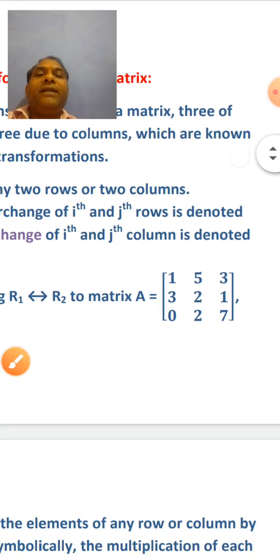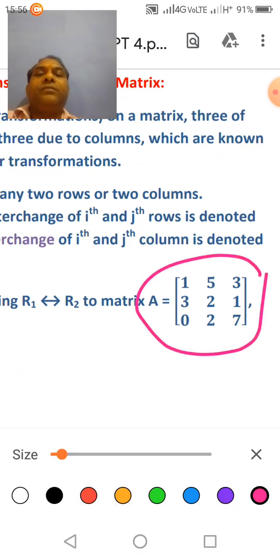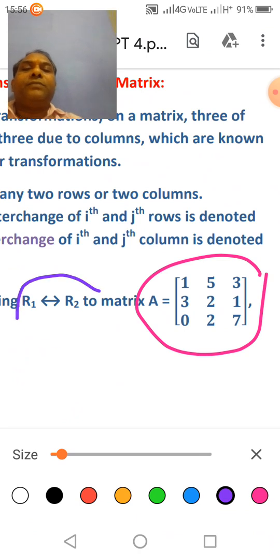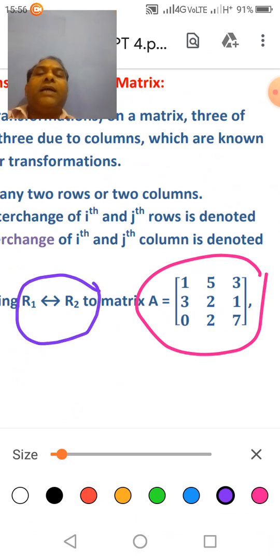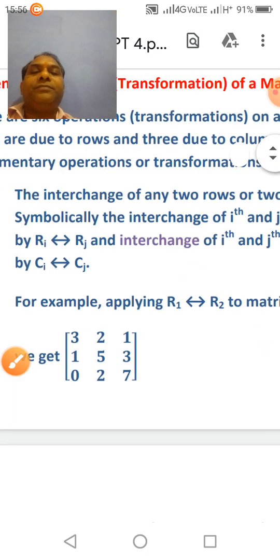For example, here matrix A is given and suppose you have to operate R1 and R2 interchanging here. So you have to interchange R1 and R2. Then the result will be this one.